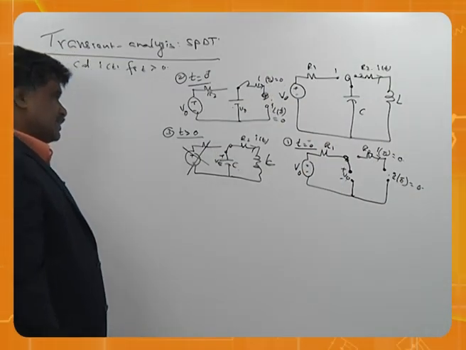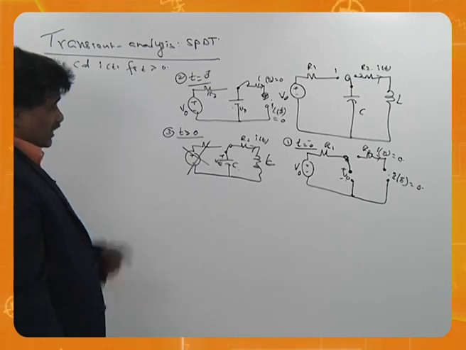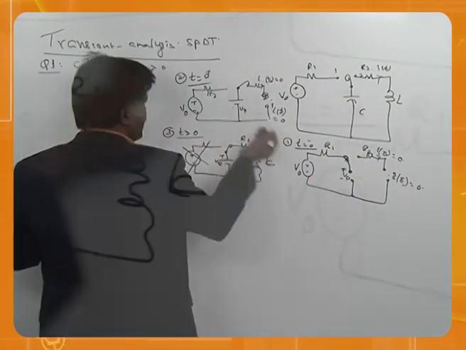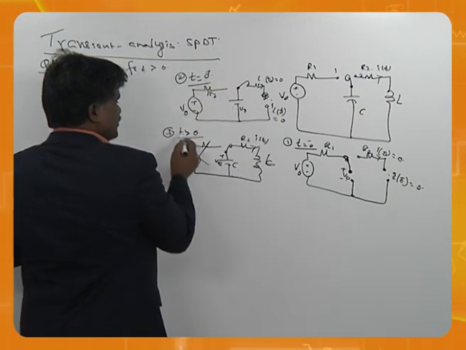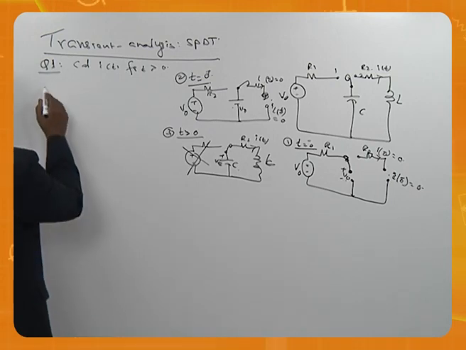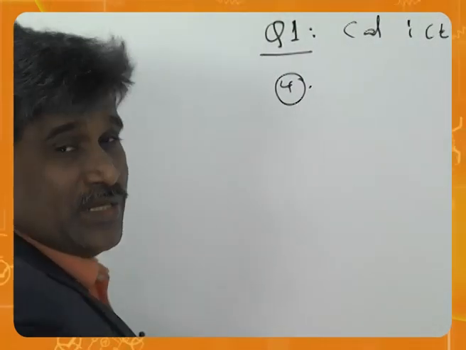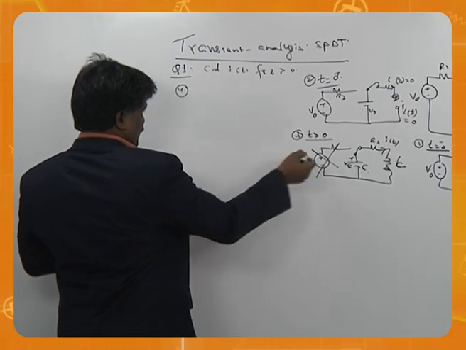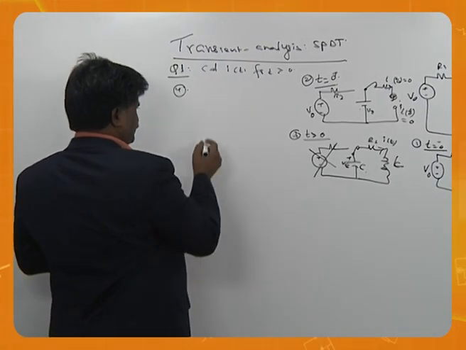That is our step 3. Like I was telling earlier in the lectures, step 1 is t equals 0 minus, step 2 is 0 plus, step 3 is t greater than 0. What is step 4? Step 4 is the equation. We have to get the equation there.